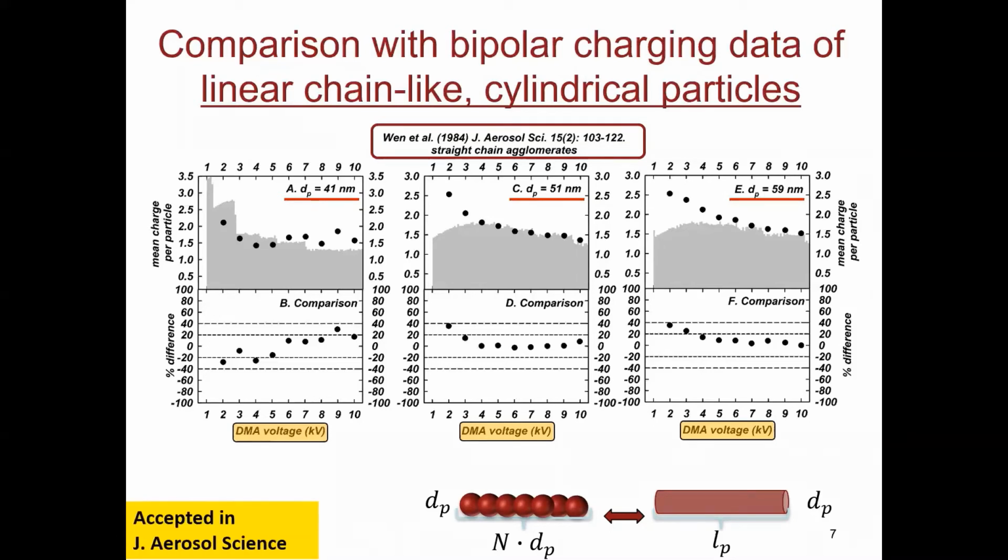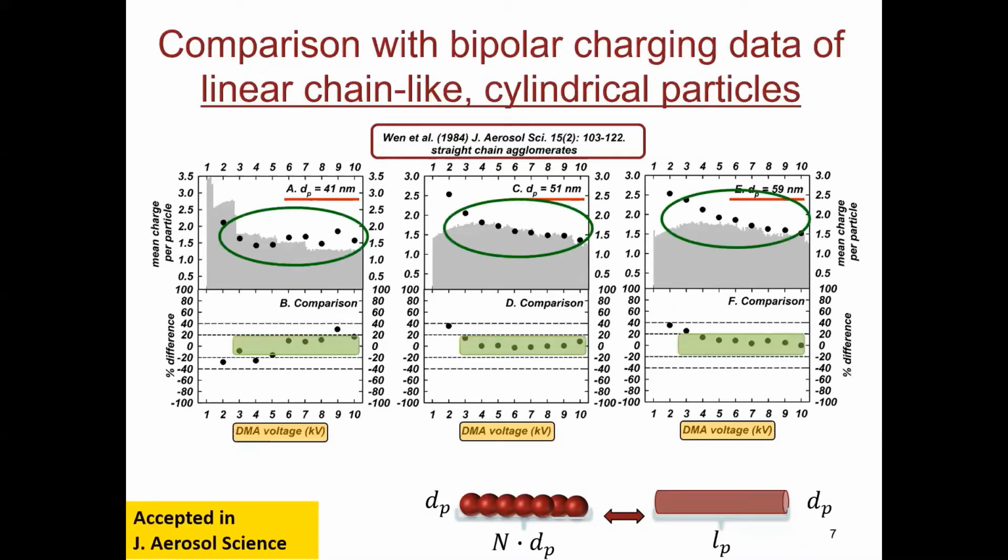It's seen that for instances in which the DMA classification voltage is larger than 2 kV, the difference percentage is within ±20% for most instances, indicating excellent agreement for lower charge states. For DMA voltage smaller than 3 kV nominally, the particles exiting the DMA are dominated by highly mobile species or highly charged particles.